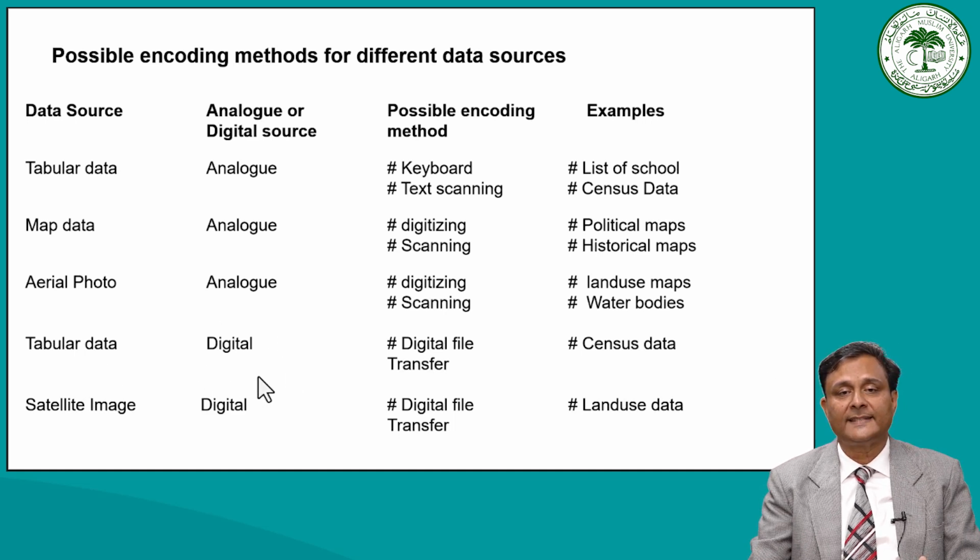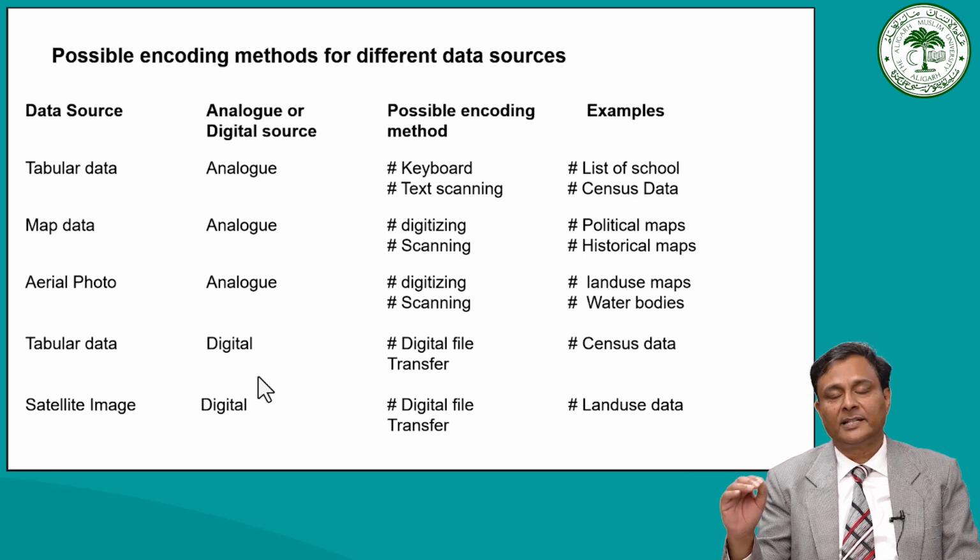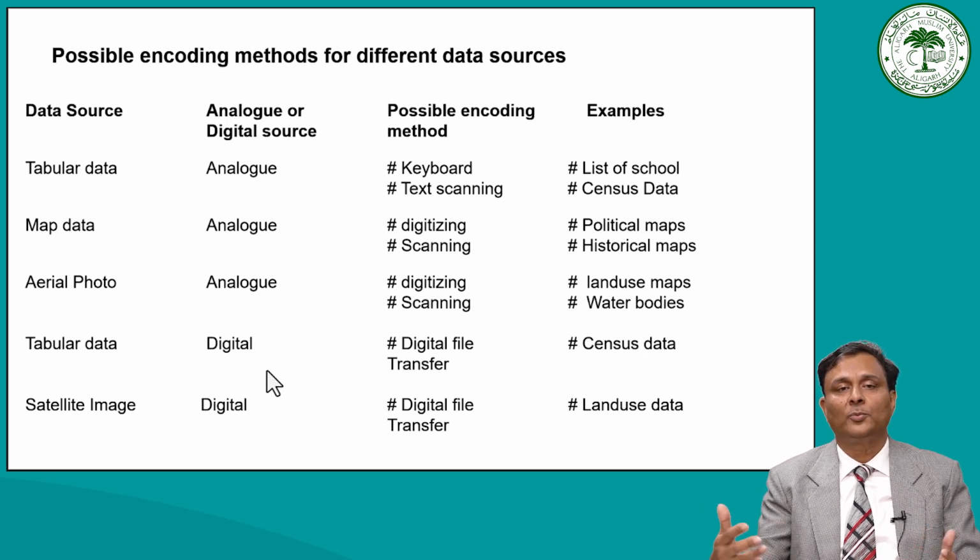In modern days census data comes in digital format. So again I would say that it is very easy to transfer it in digital format into the spatial information. The only exercise left is just to relate it, link it with the spatial information. So I'm just trying to portray what the possible sources of spatial information are for us.